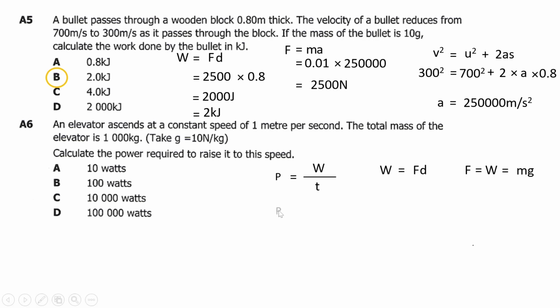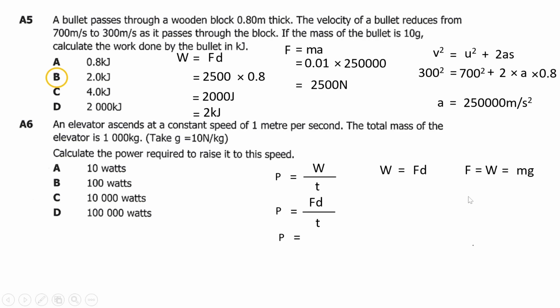So meaning that we'll say power is equal to, where there is work here, we shall put force times distance, then over time. But when you check here, we don't have force and we don't have distance. If you check anywhere here, there is no distance.